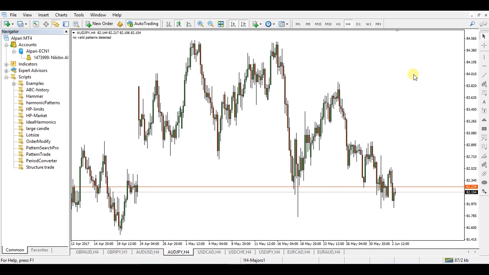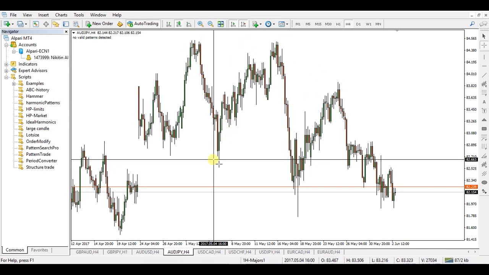Australian yen 4 hour time frame. The movement is a bit choppy, but clearly we have a downtrend. After that double top, we broke that neckline, then we had the retracement, then we came to retest. So this is a downtrend. Let's find some opportunities.